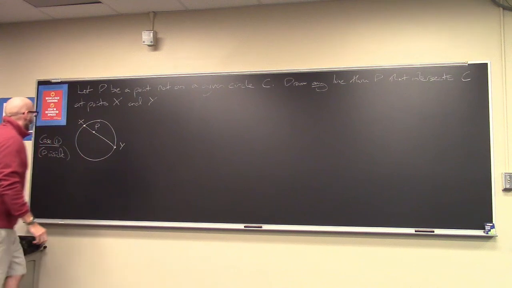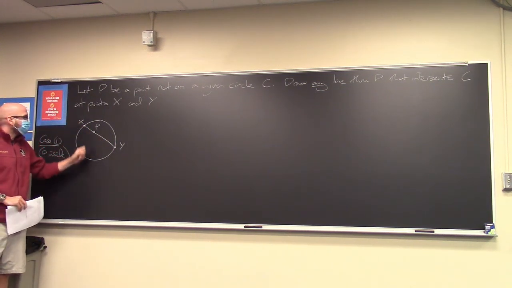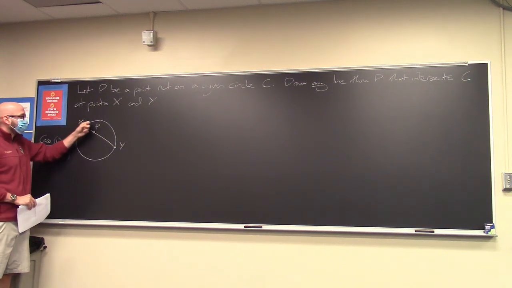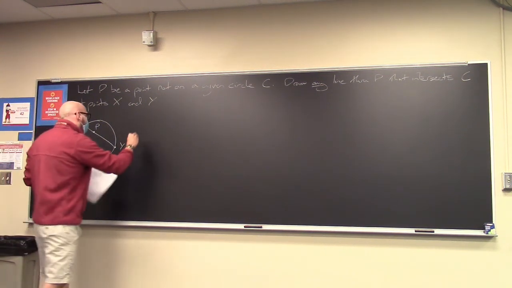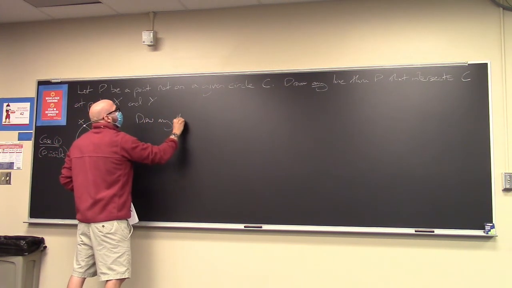What I'm going to do is take this line going through P, with X and Y the points of intersection. Let's take another line, any other line that's distinct from the one we've drawn.